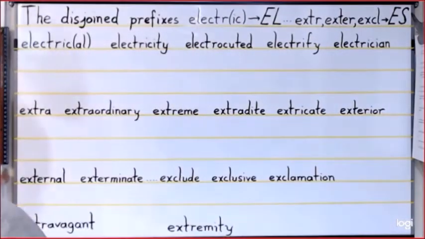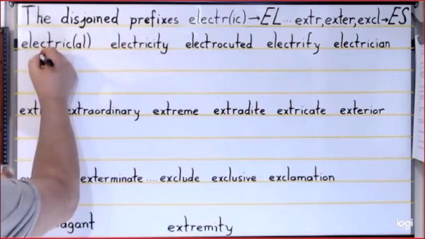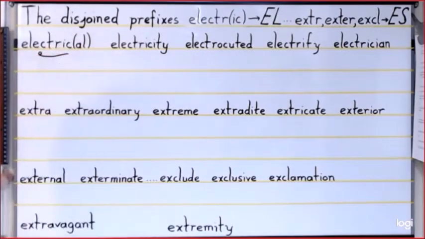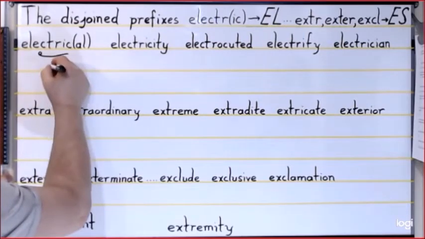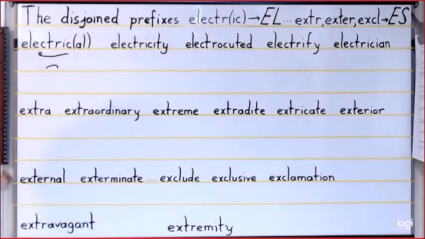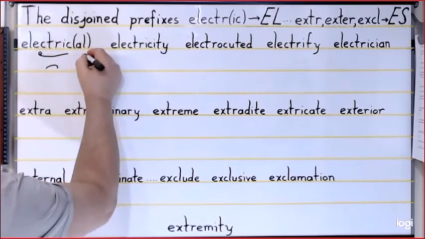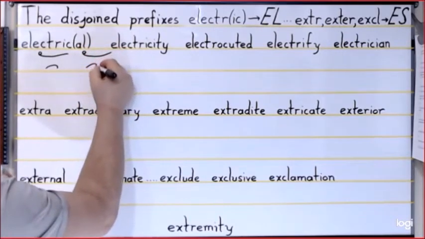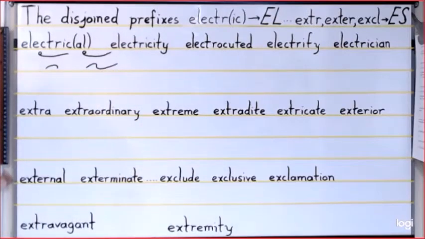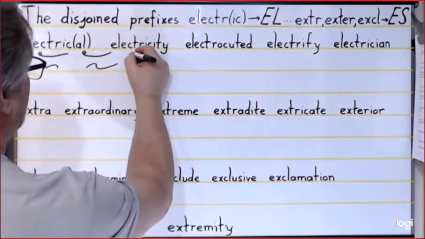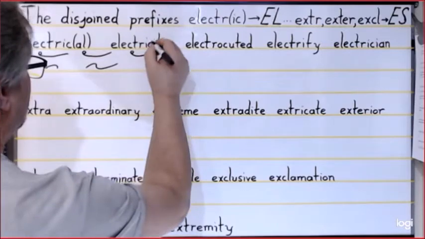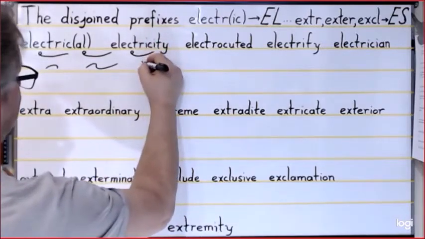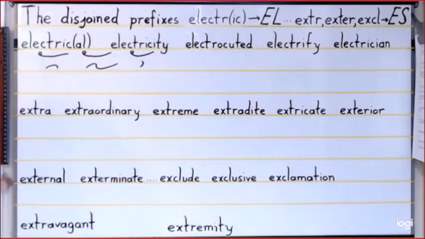So for electric, we'll write the EL above the line, and then the K right underneath. For electrical, we'll write the EL again, and then the KL. For electricity, we'll write the EL, and then a right S underneath that.